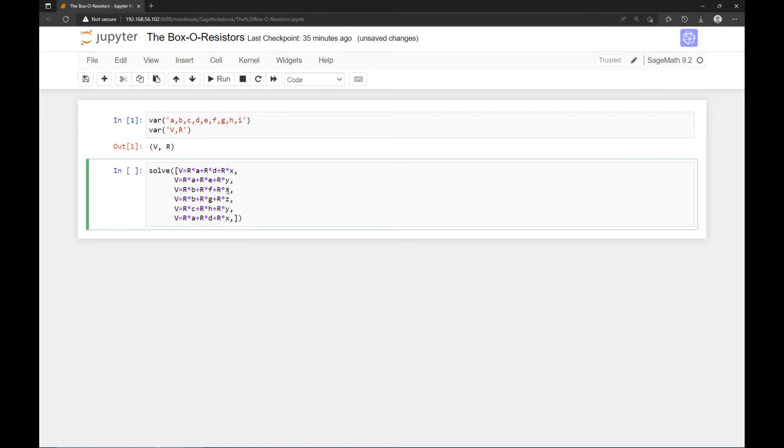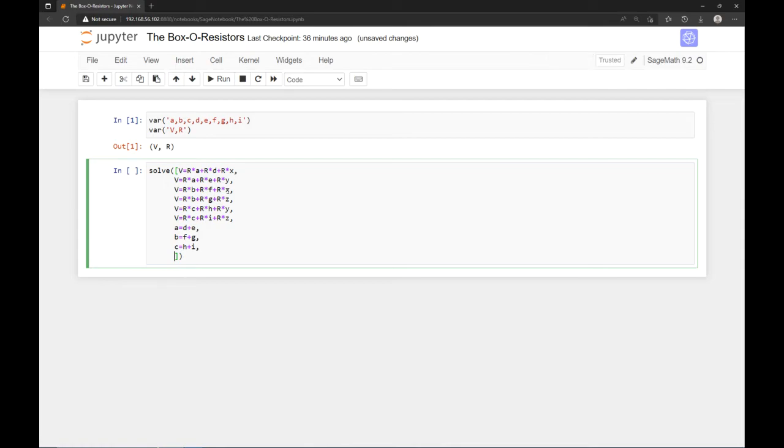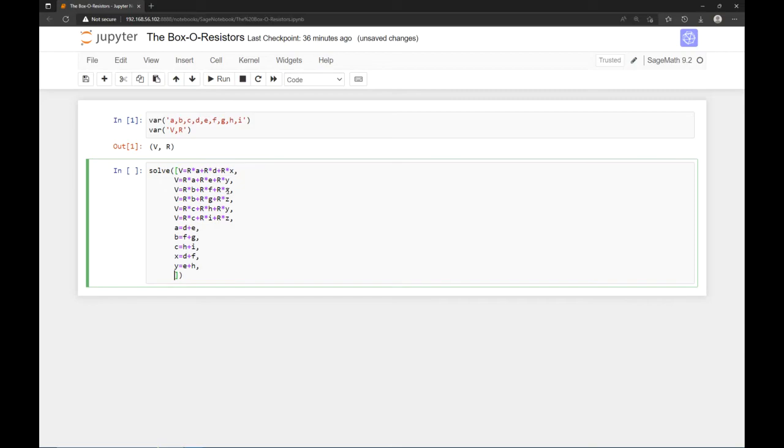And assuming that I successfully write down all of these relationships without making any clerical errors, these are the applications of Kirchhoff's current law to the junctions of the circuit.